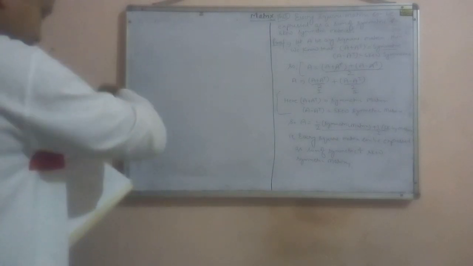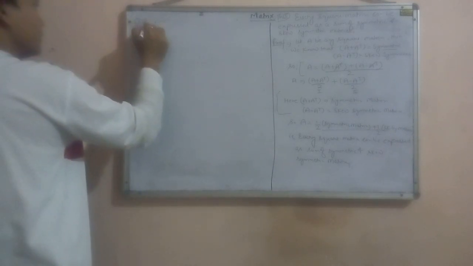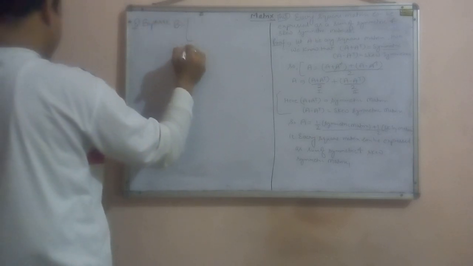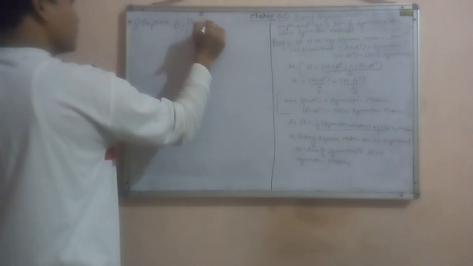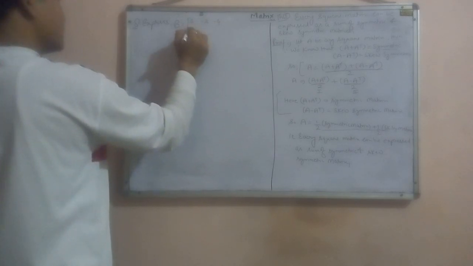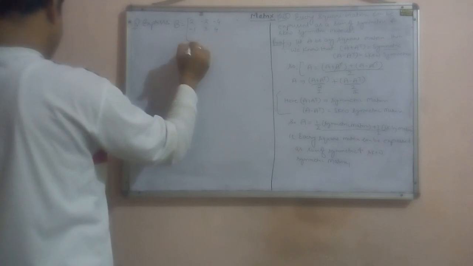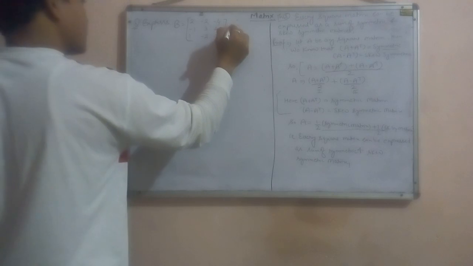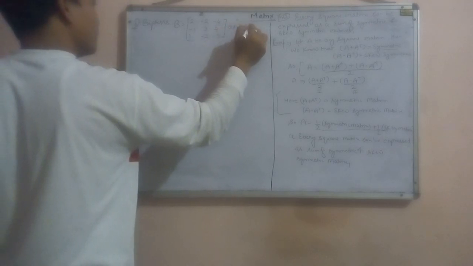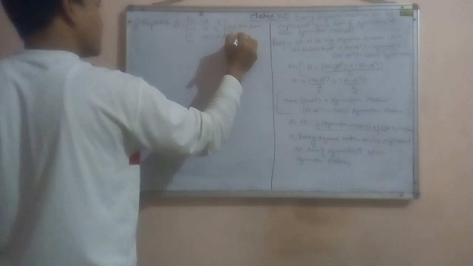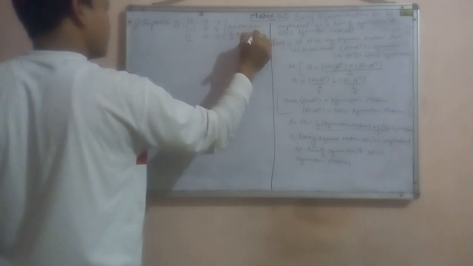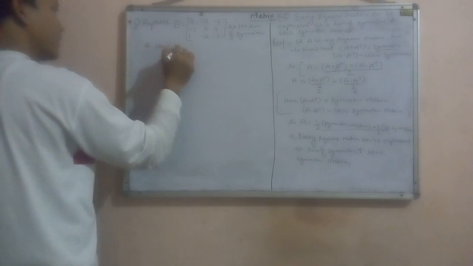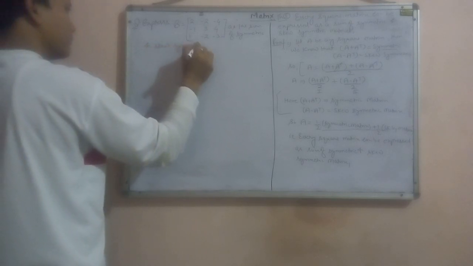So one question: express B equal to [2, -2, -4; -1, 3, 4; 1, -2, -3] as the sum of a symmetric and a skew-symmetric matrix.